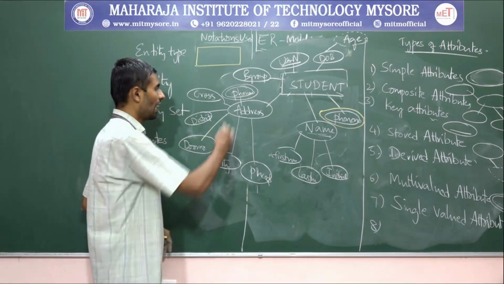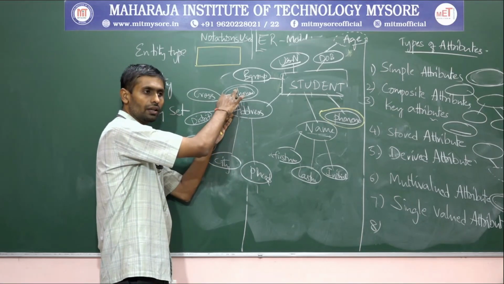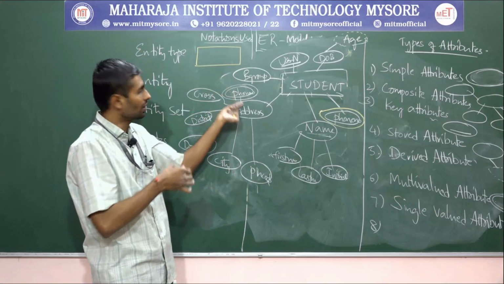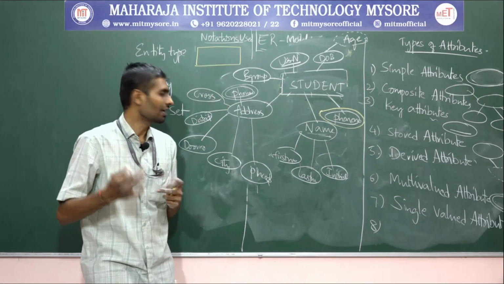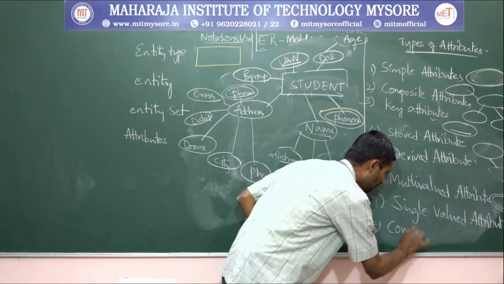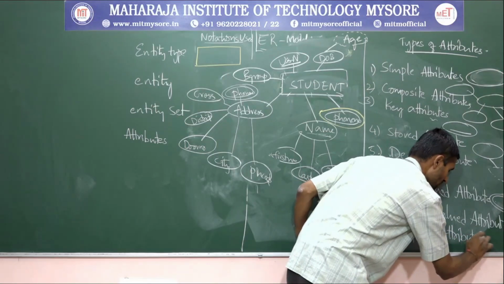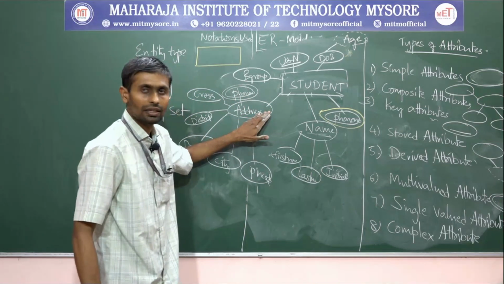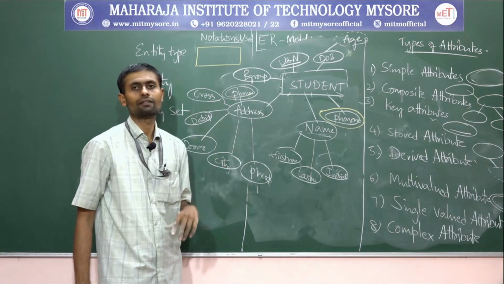So at this point of time, the address contains many simple components. Along with that, it contains a component where one of the components of that composite attribute can take multiple values. Such attributes we call complex attributes. Look at this one, complex attribute. What is meant by complex? Complex means it's a mixture of a composite attribute as well as a multi-valued attribute.